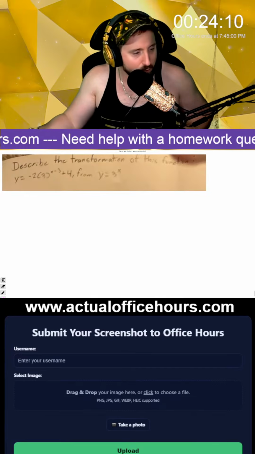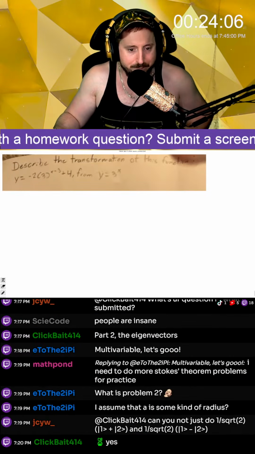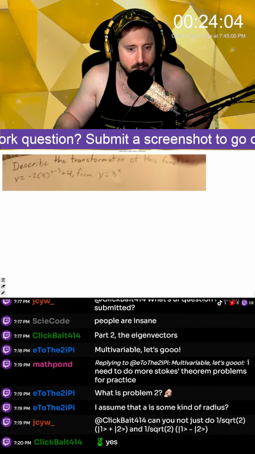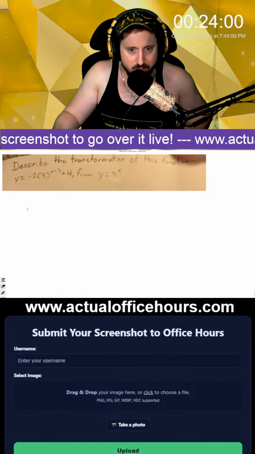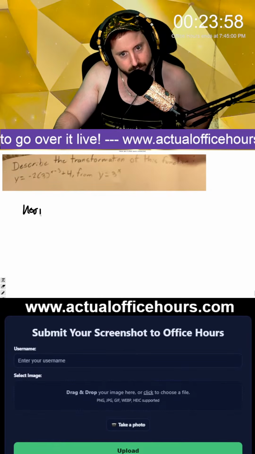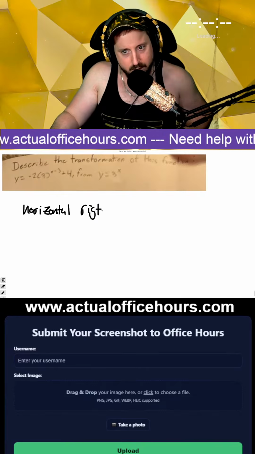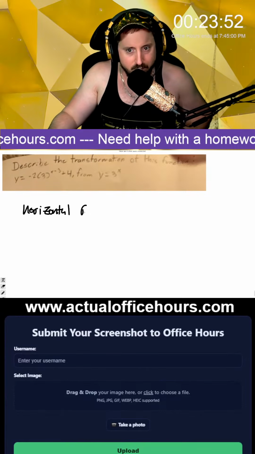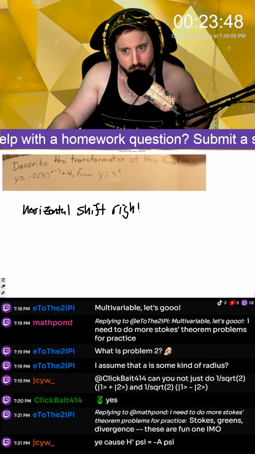Okay, so I like to work from closest to the variable outside. So right off the bat, the first thing I see is a horizontal shift to the right 3.